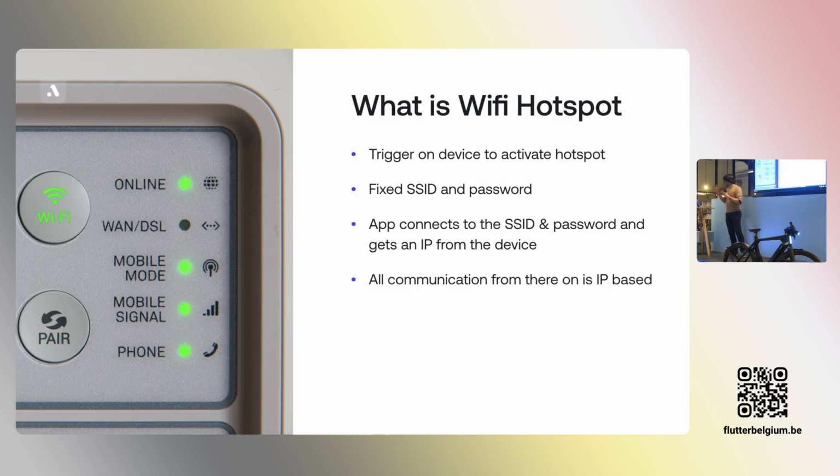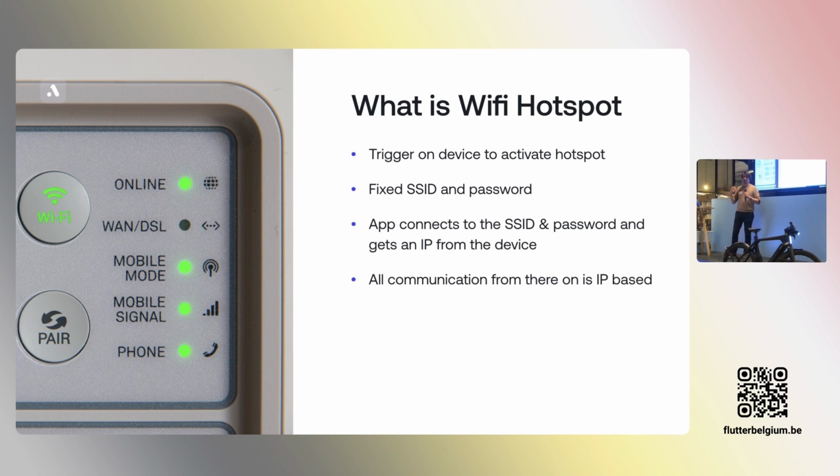Using Wi-Fi, we can trigger the gate to make itself a Wi-Fi hotspot, which means that it sends out a fixed Wi-Fi name, an SSID, and it has a fixed password that you can connect to. You most likely saw that already if you've installed any device at home: it says try to connect to this Wi-Fi, go to this IP address.